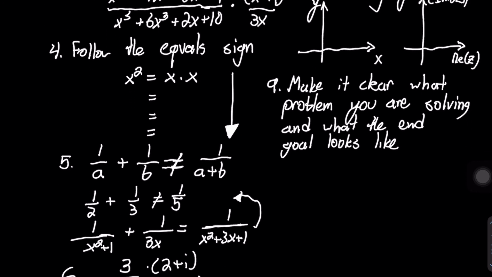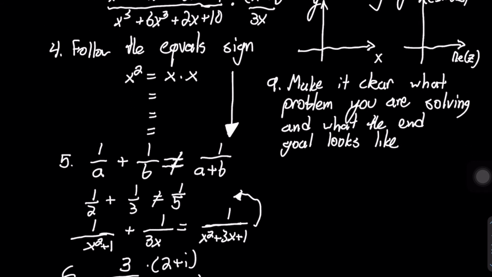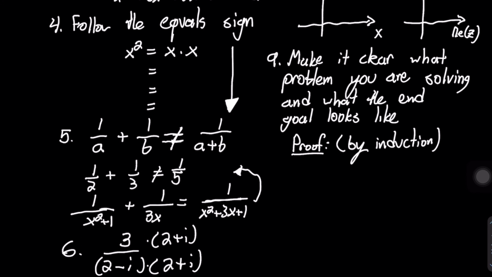For example, if you have a proof, you are going to want to make it clear to yourself and whoever's looking over your work that this is a proof. So you would start out by writing proof, and then maybe by induction or whatever method you're using to solve the question. And by doing this, you kind of make it clear to yourself what mindset you should be in and how you're going to deal with the question and how you're going to tackle it.